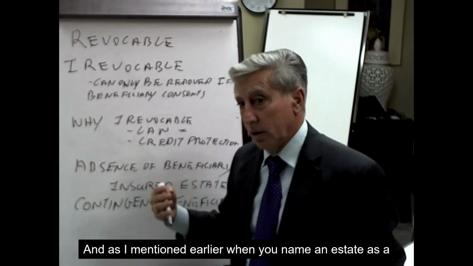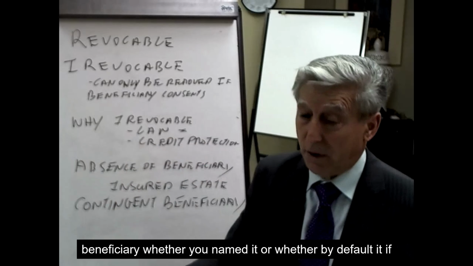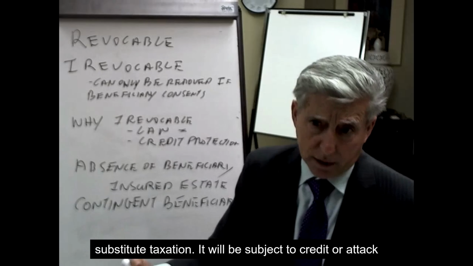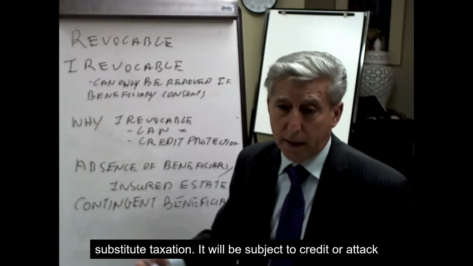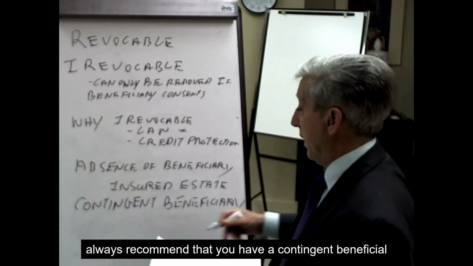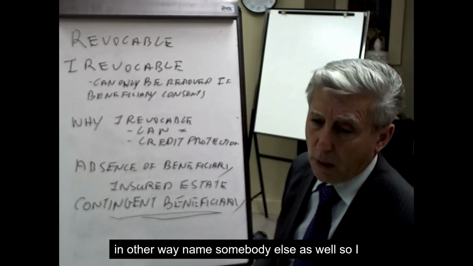And as I mentioned earlier, when you name an estate as a beneficiary, whether you named it or whether by default that's what it is, then of course it will be subject to taxation, it will be subject to creditor attack, and so on and so forth. So to avoid all that, we always recommend that you have a contingent beneficiary. In other words, name somebody else as well.